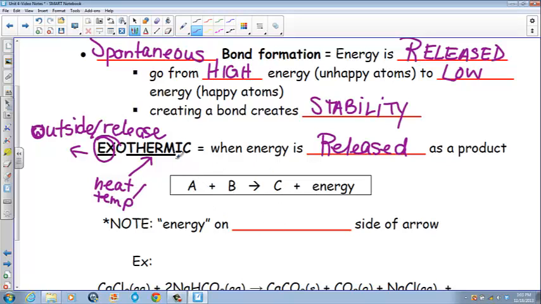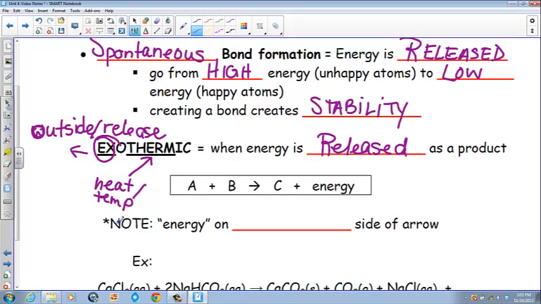All right, so here is just an example. We have one compound A, or substance A, plus substance B react together to form or yield product C, which is a new product, and release of energy. So that would be in the form of light or heat, generally in combustion. Okay, when you burn something, energy is released.